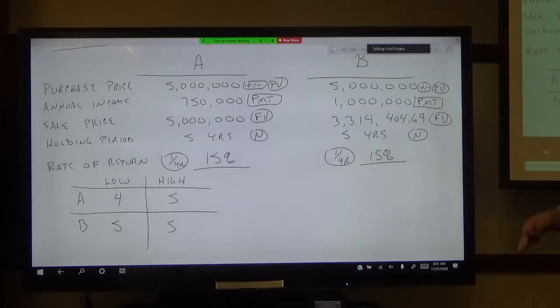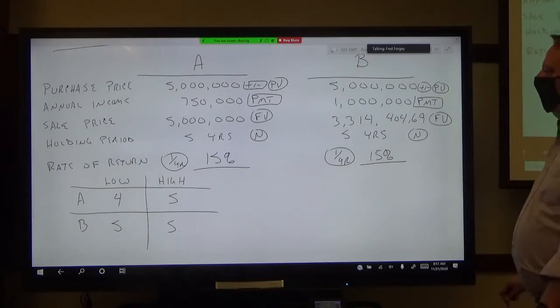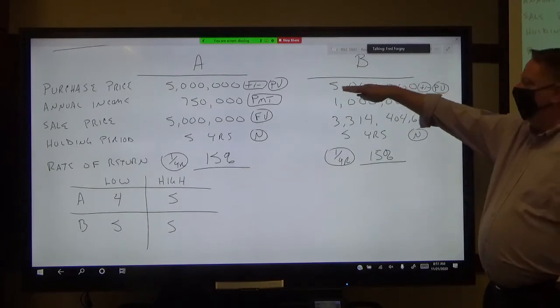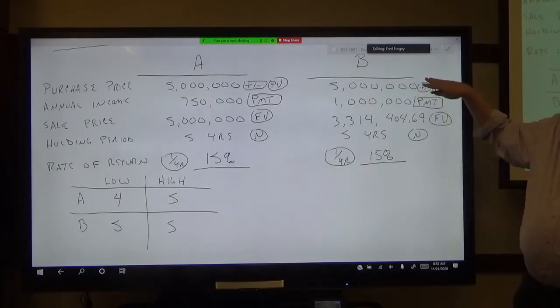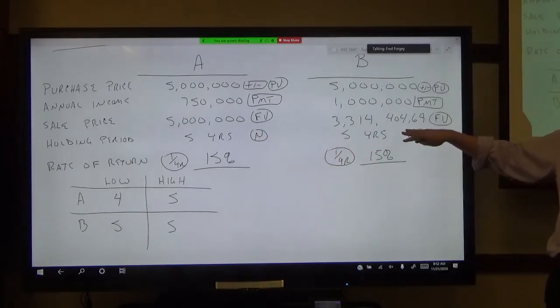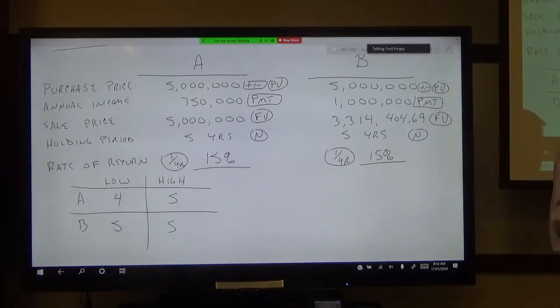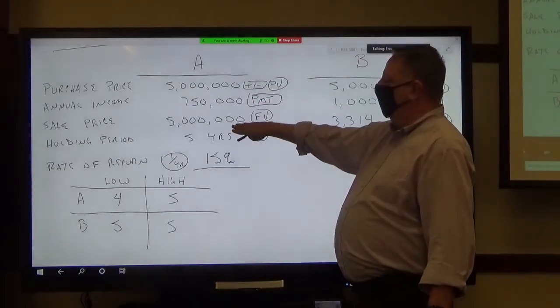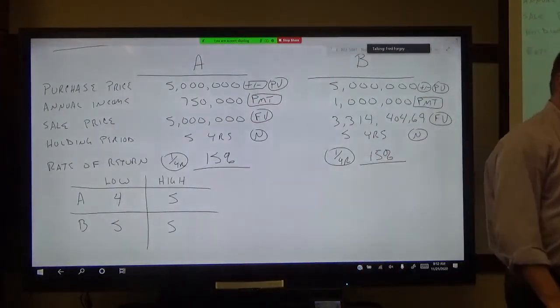Well, the only other things that we can factor in are the variables that we have given. Well, we paid the same amount for both of them, so that's not a difference. We held both of them the same amount of time, that's not a difference. So what is a difference? The annual income and the sale price.